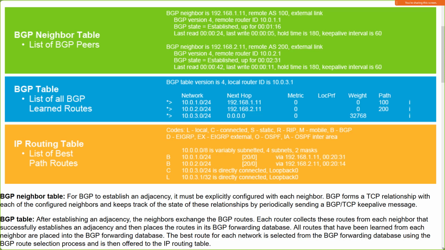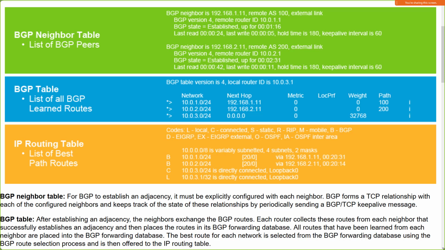Metric, multi-exit discriminator, local preference, AS path, origin code. So these are all those attributes that are applied to these prefixes. Actually, metric is not well-known mandatory, but in Cisco, they do include the metric in the table by default, right? So these are just 4 of the attributes that we see in the BGP table.